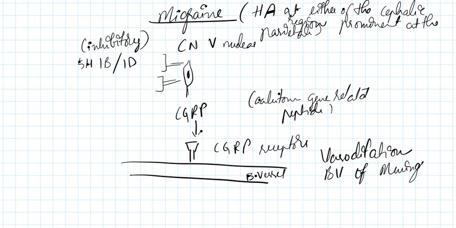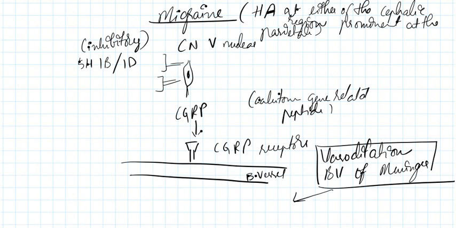So this CGRP protein causes meningeal vasodilation. This meningeal vasodilation in turn leads to meningeal edema.